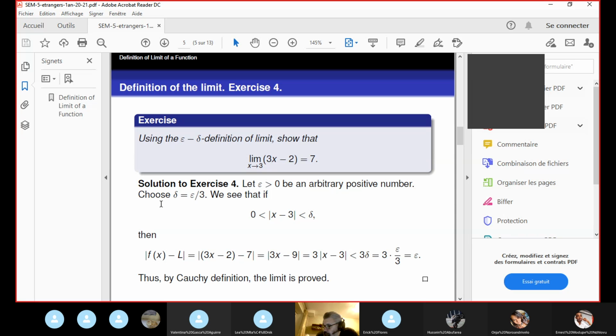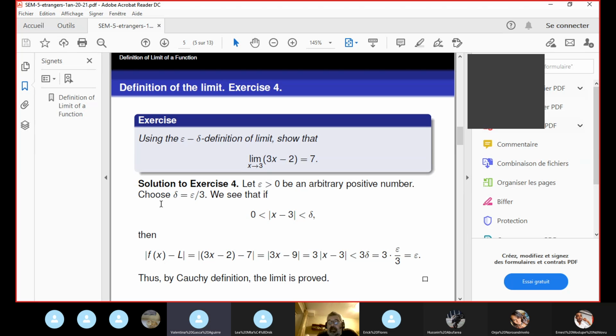Okay? Yes, okay. So you see, I have 3 delta. Then if I take delta equals epsilon over 3, in this case, you take delta which depends on epsilon. You see? Valentina, I take an arbitrary positive number, epsilon.